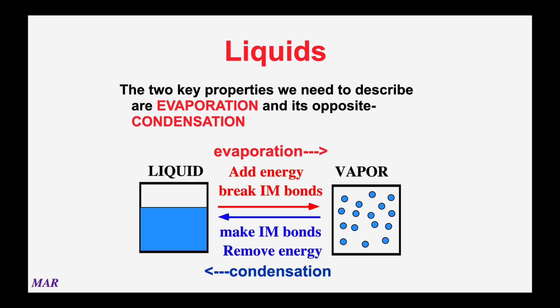Remember, liquids have intermolecular forces and solids as well, but not gases. And if you break intermolecular forces, that's going to require some energy. So going from a liquid to a gas is going to be endothermic. It's going to take energy to make that happen. And the practical, more common term for turning a liquid into a gas is evaporation.